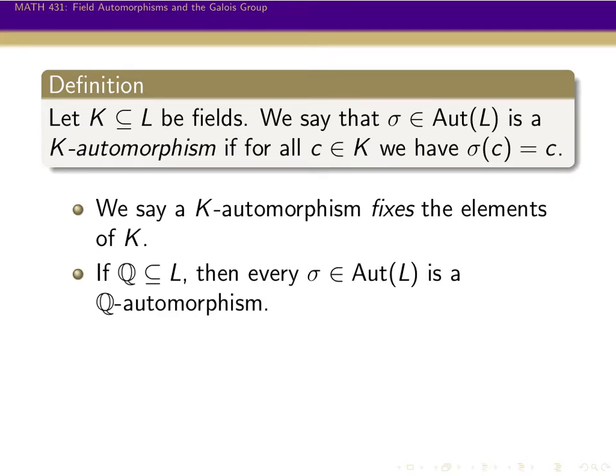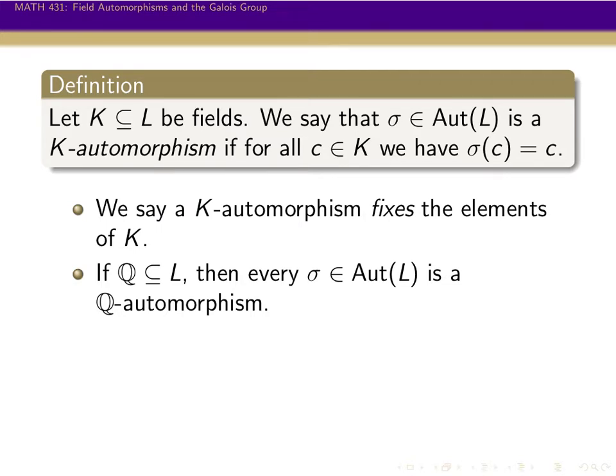So this is something that we've looked at in the homework. We've talked a little bit about before, but if L is a field that contains the rational numbers, then every L automorphism is going to be a Q automorphism. Field homomorphisms over fields that contain the rational numbers, the homomorphism doesn't really change the rational numbers. It fixes the rational numbers, or at least it sends it to something that's isomorphic to the rational numbers.